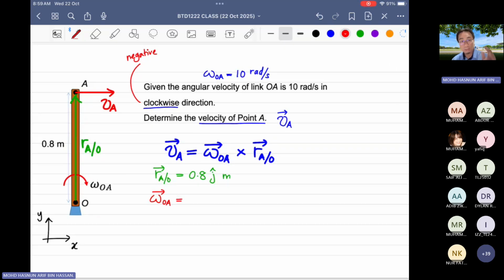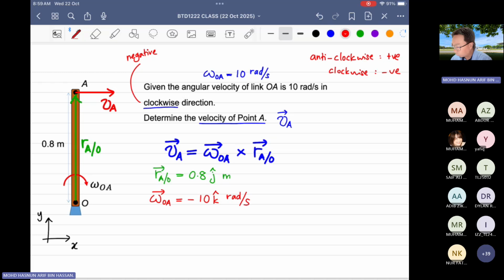In rotation motion, we always take anti-clockwise as positive, and clockwise as negative. So since this is clockwise, it is going to be negative. The value is 10, and the rotation is always in the unit vector of the z-axis, which is unit vector k. The unit is radian per second.